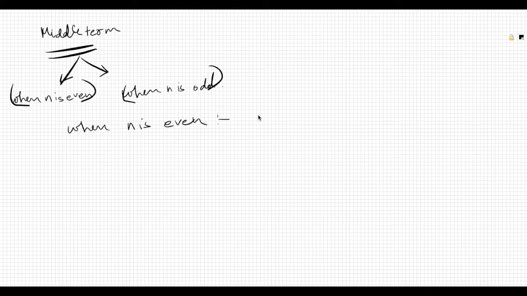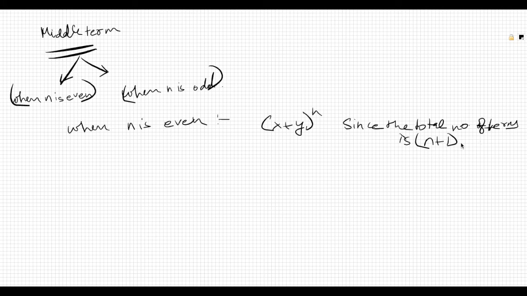When n is even, the middle term in the expansion of (x plus y) to the power n, since the total number of terms is n plus 1, which is odd, since n is even, this whole expression becomes an odd number.